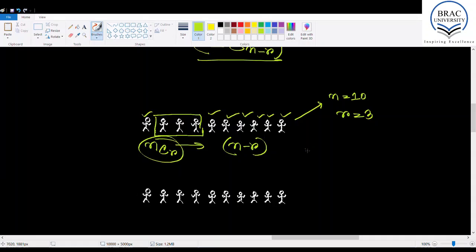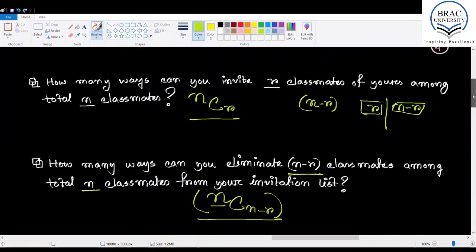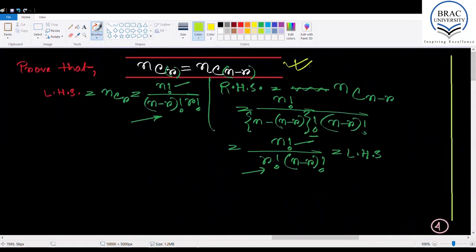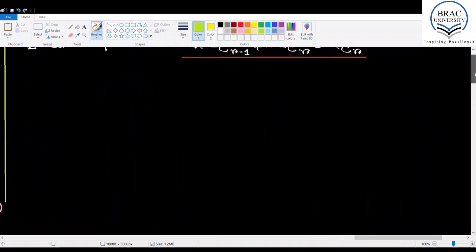So can we just say that if there are total nCr ways to select r people, there must be nC(n minus r) ways to deselect n minus r people. So they will both be the same. This is how you can justify this statement. This was an extra example.